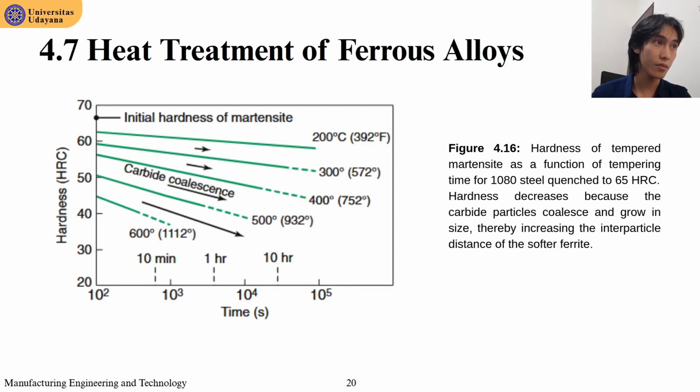You can see on Figure 4.16, hardness decreases as tempering time increases because carbide particles coarsen and relieve stress. So this is how the hardness is impacted by the temperature.